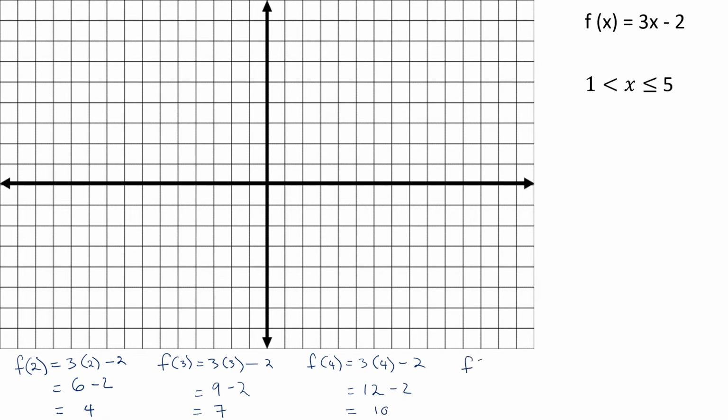And when x is equal to 5, we will have 3 multiplied by 5 minus 2. 3 times 5, that is 15, minus 2, that's equal to 13. So these are our y values for the various values of x.